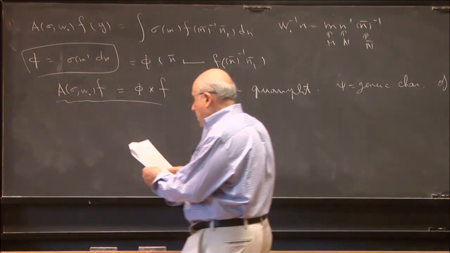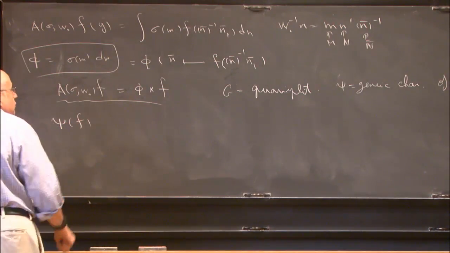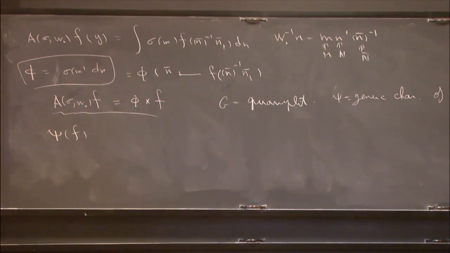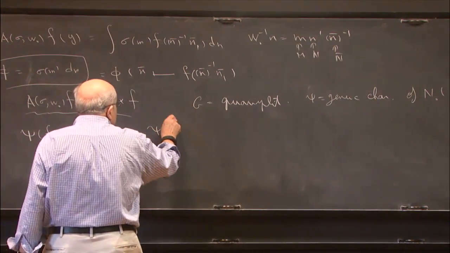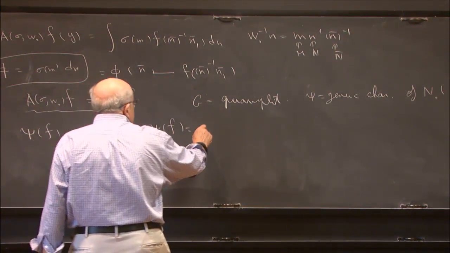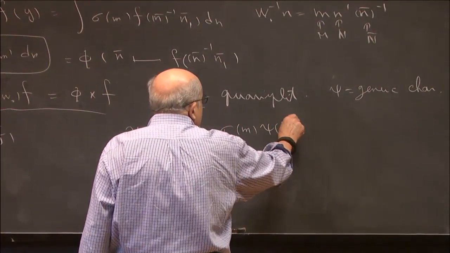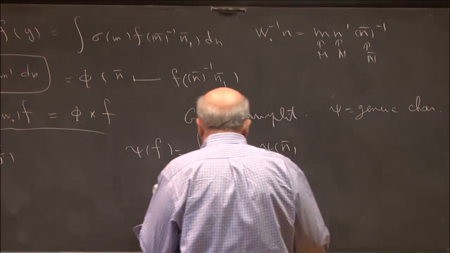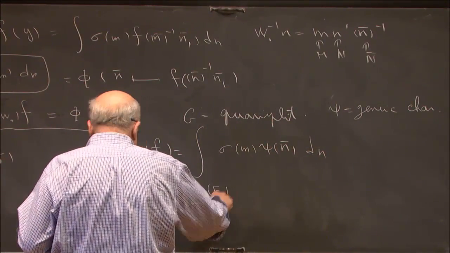I can take the Whittaker functional, so I can take psi of f, which is just an integral over this N naught of F, and then I can also take psi of this measure, which simply means I will get sigma of m, psi of n bar, and then dn, and I'll do this over N of F.